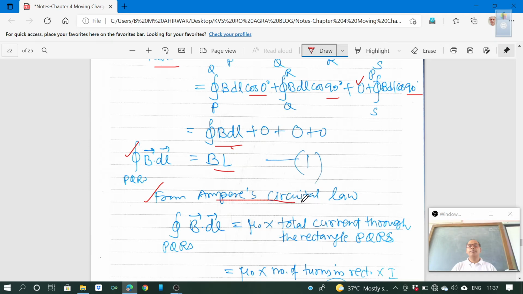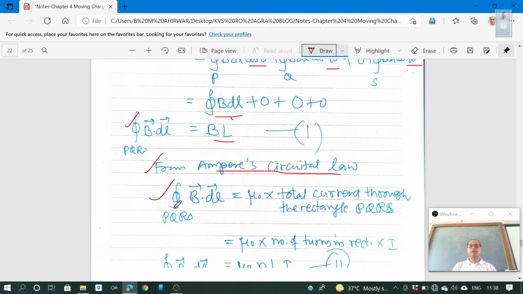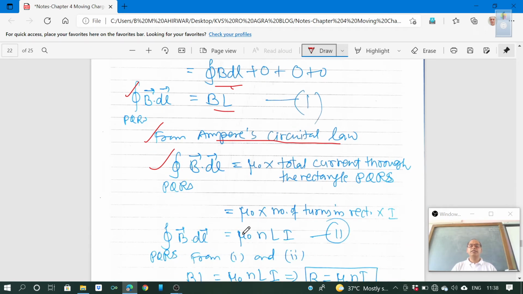Now if we use Ampere's circuital law, the closed integral of B dot dl is mu naught times the total current through the rectangular loop PQRS. How can we find the total current? It is the total number of turns in the rectangle times the current passing through each turn. So the total number of turns is n into capital L, times the current I passing through each turn.